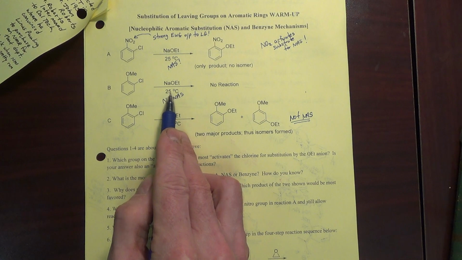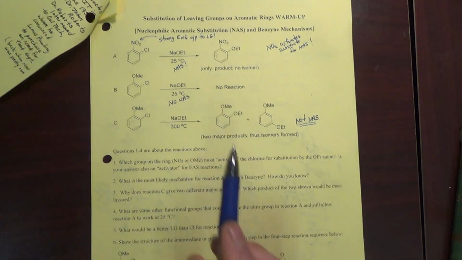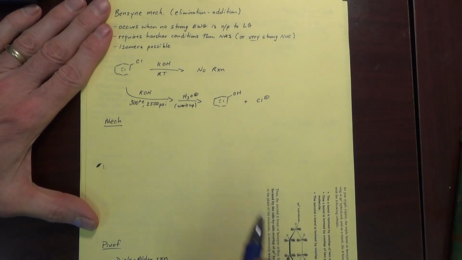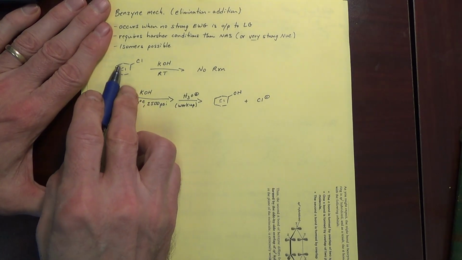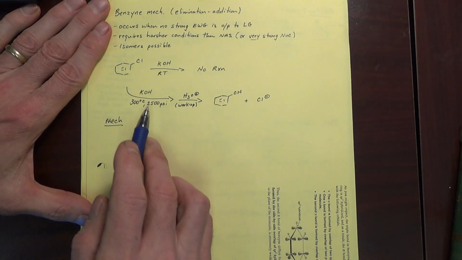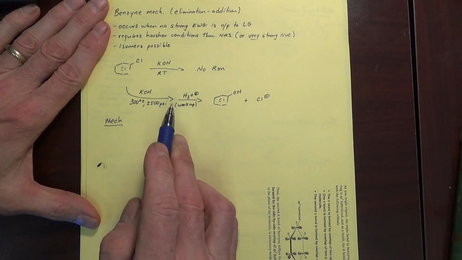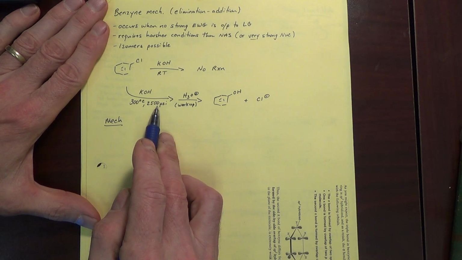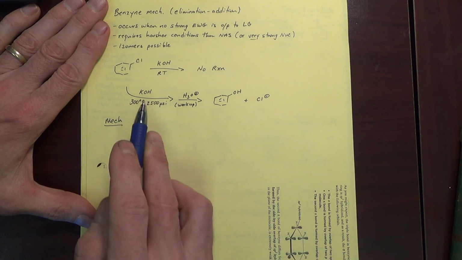Okay, 25 degrees Celsius, no reaction. But if you treat chlorobenzene with potassium hydroxide at 300 degrees Celsius and under 2500 psi of pressure, we can get a reaction.